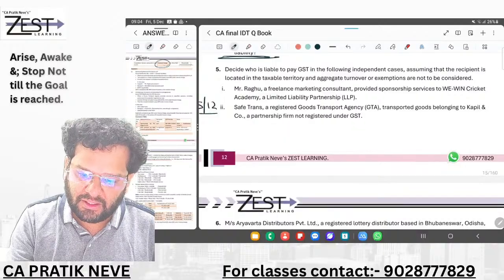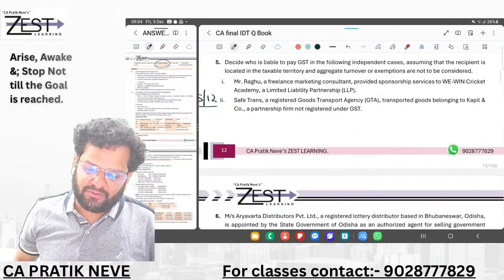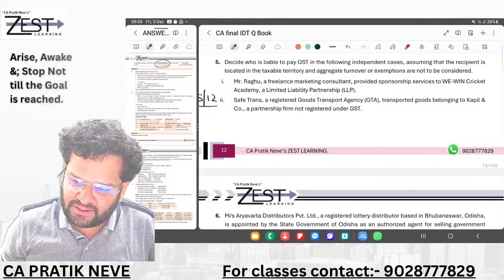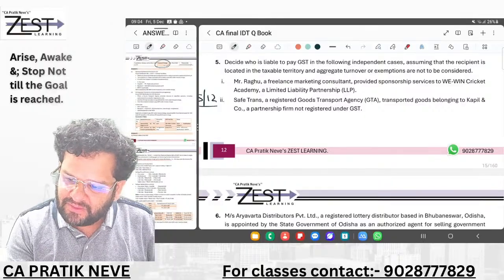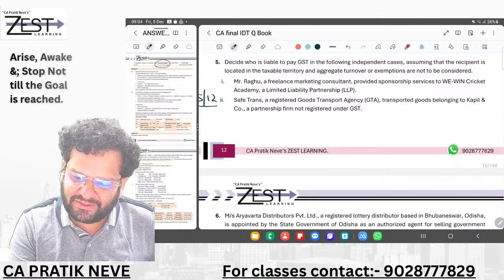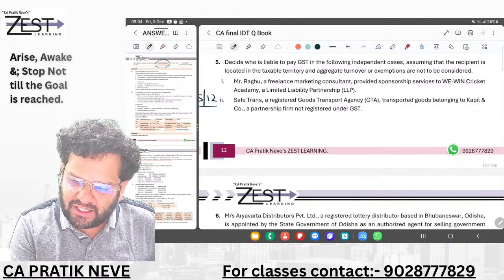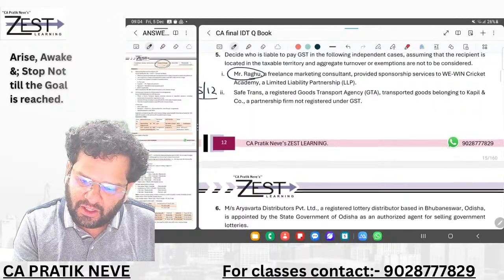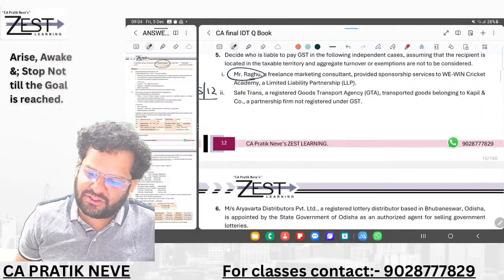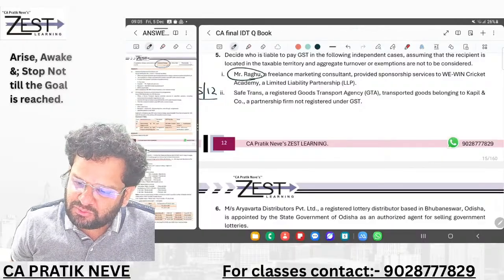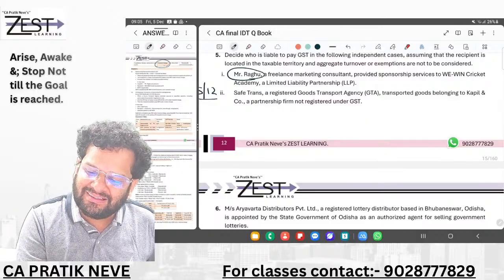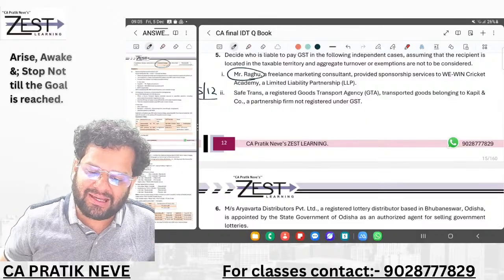Yes, wonderful. Decide, 5th question. Decide who is liable to pay GST in the following independent cases, assuming that the recipient is located in the taxable territory and aggregate turnover and exemptions are not to be considered. Raghu, a freelance marketing consultant, provided sponsorship services to We Win Cricket Academy LLP.